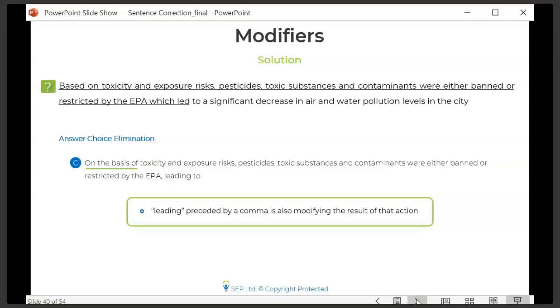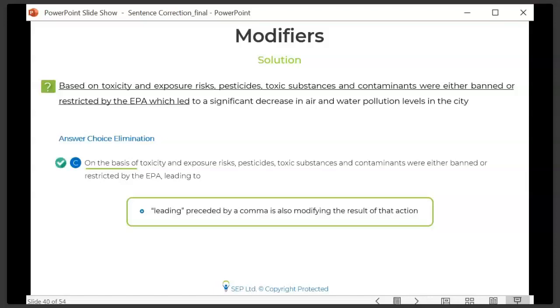So the banning and restriction led to the decrease in the air and water pollution levels, and therefore it is correct. Had that comma not been there, as in the case of choice B, it meant that leading was modifying EPA. But the moment EPA and leading are divided by that comma, then leading is no longer modifying EPA, it is modifying the nearest verb. All right, so C is correct.